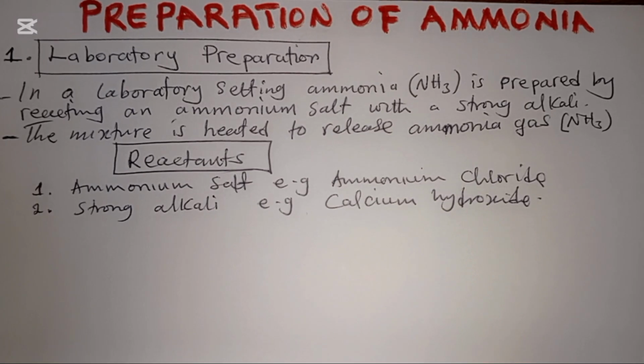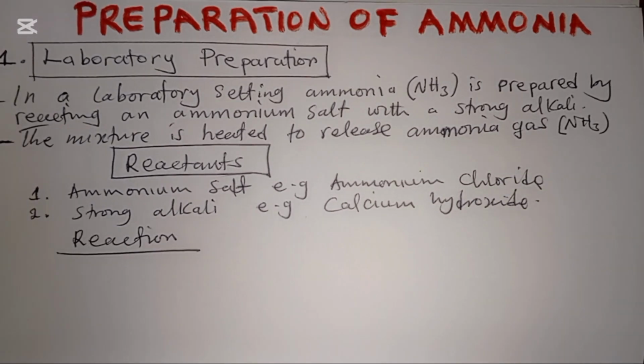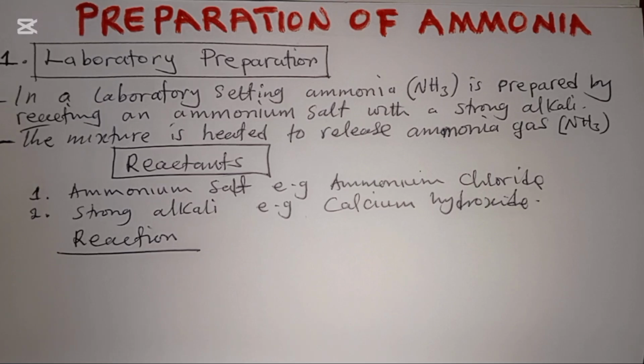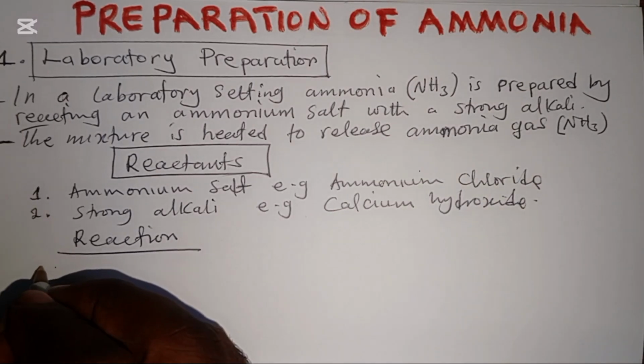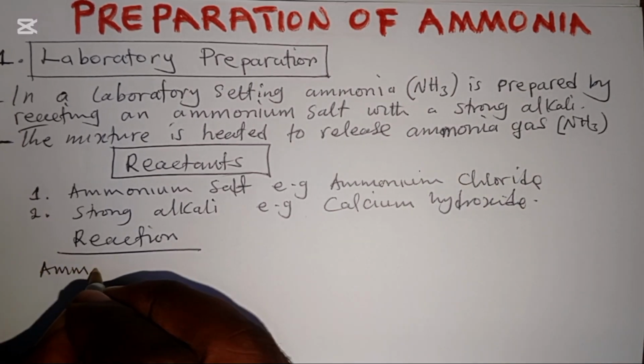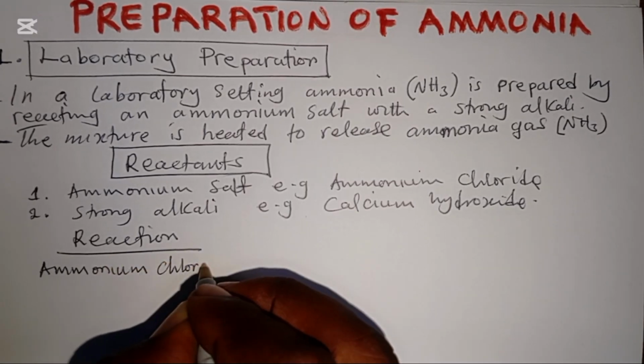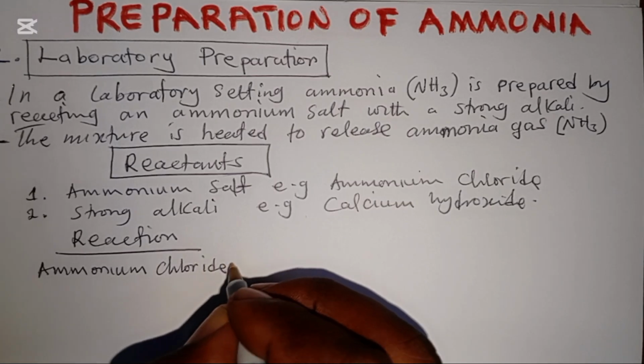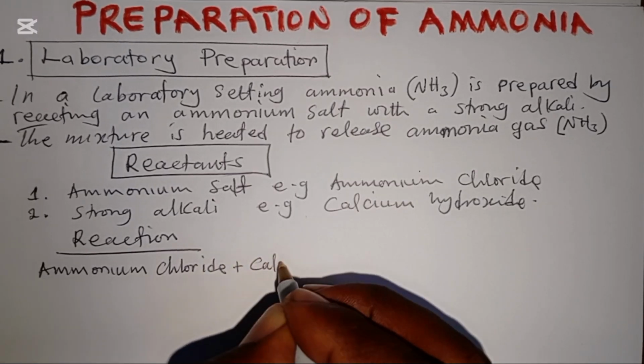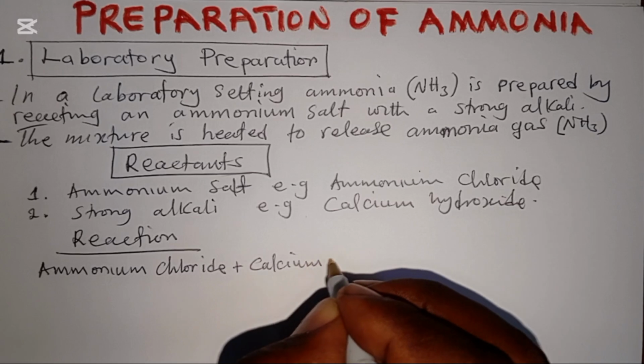Then now let's look at the word equation and the chemical equation for the production of ammonia in a laboratory. So now we have ammonium chloride plus calcium hydroxide.